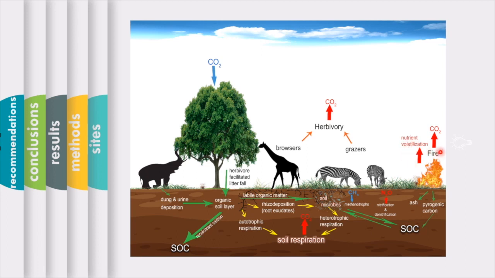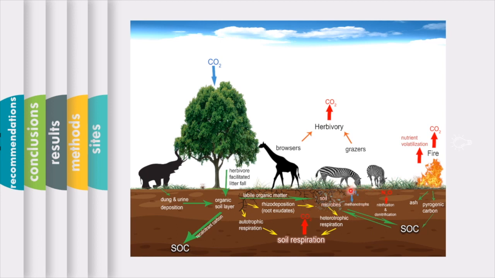As well, with fire, you get nutrient volatilization, and nutrients like nitrogen are burnt out, and you end up with less. The litter that remains has less carbon and less nitrogen, and therefore you'd expect that when nitrification and denitrification processes happen, less nitrous oxide is released.